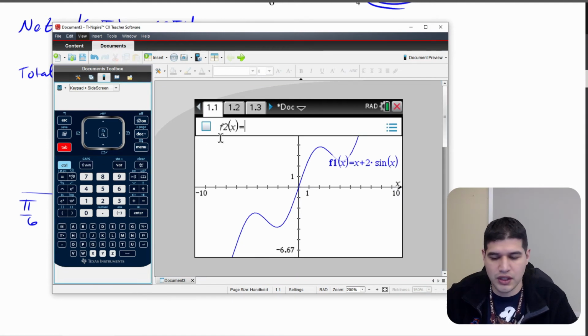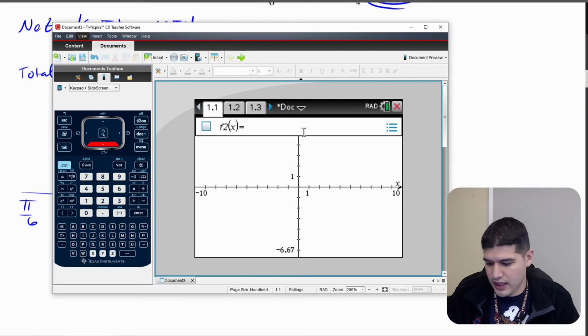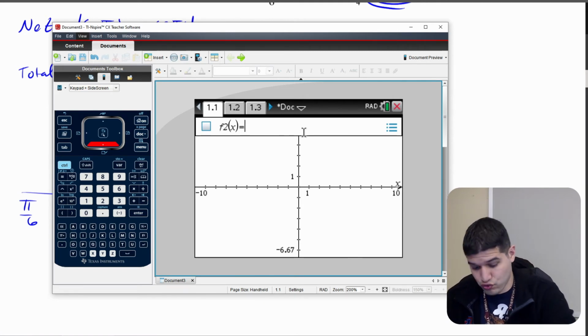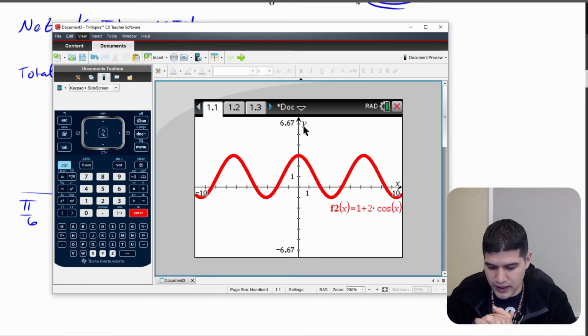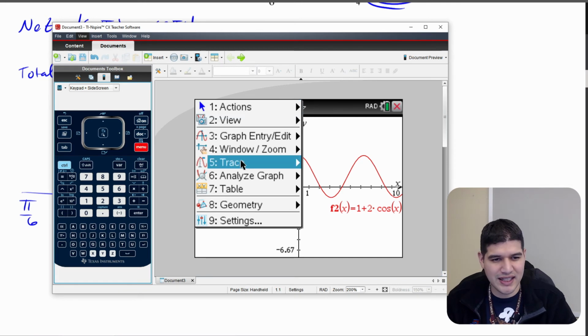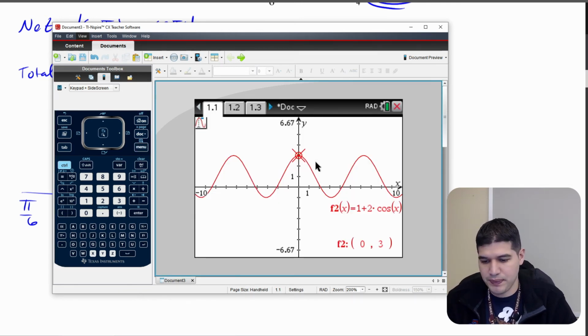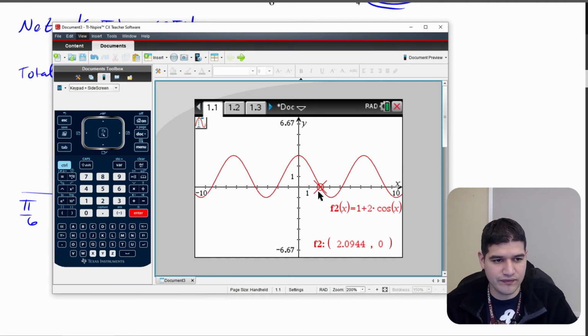I'm gonna turn off our first one, just like what I've been doing before, and graph our derivative 1 plus 2 cosine t. Okay, so we're only looking from pi over 6 to 5 pi over 4. And let me see where 2 pi over 3 is, so I can get a visual of this. So I'm gonna type in 2 pi over 3. All right, so that is a 0 right here, good.